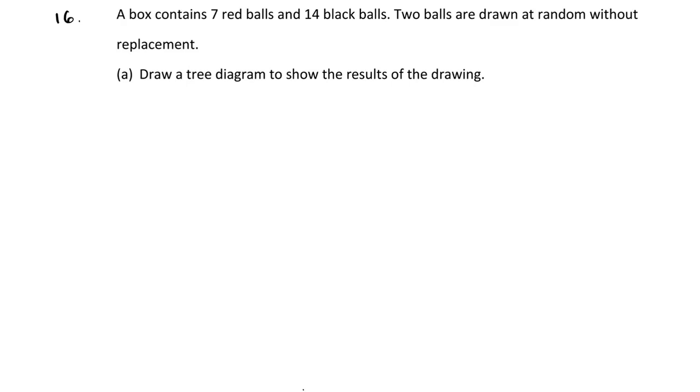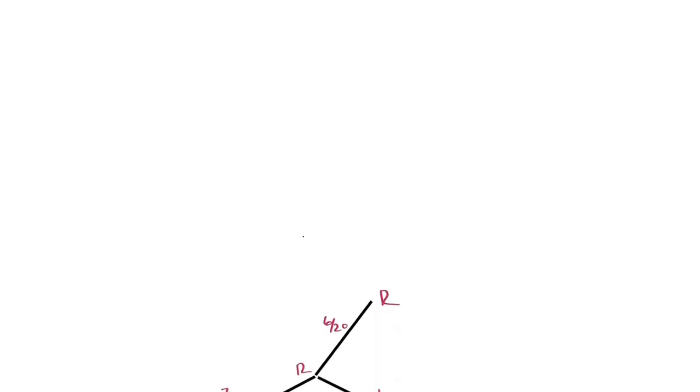When we are drawing the tree diagram, since we know that the ball is drawn and not replaced, then the second ball drawing will have a total of 20 balls instead of 21. So we will move like this, and then we are going to label each branch with its probability according to the information given. And the final result of our tree diagram is going to be like this.